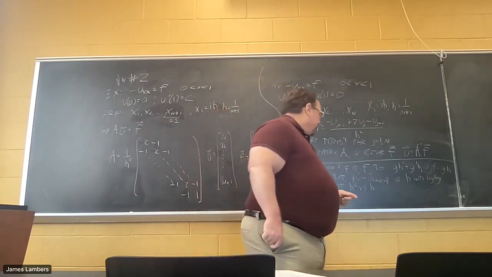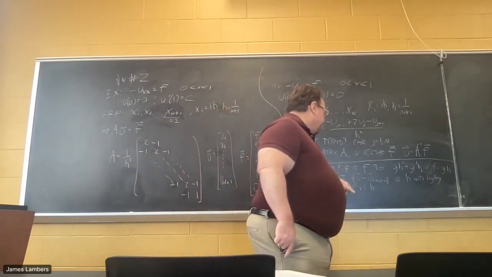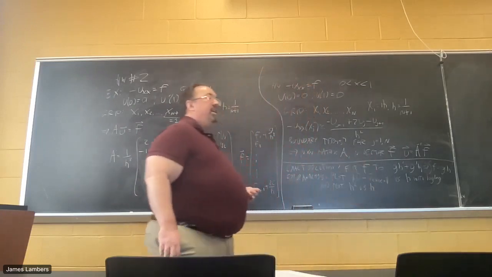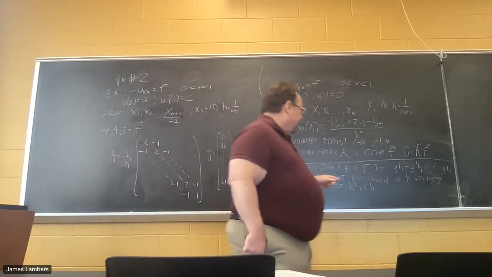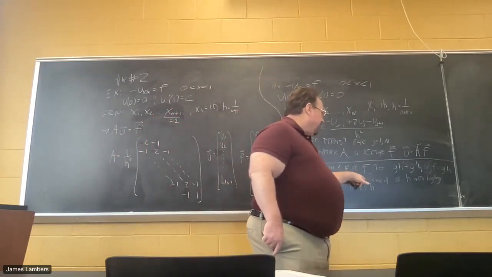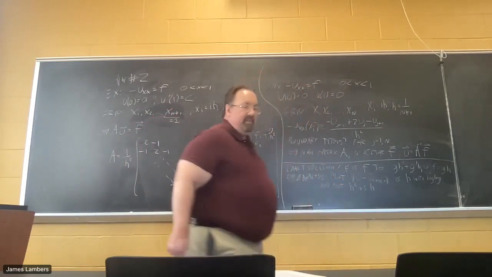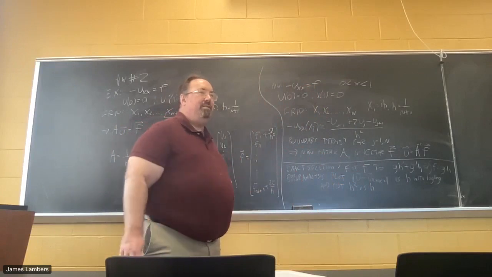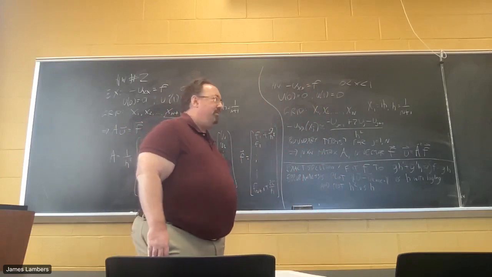So plotting the error versus H squared, you should get 2 parallel lines. That's how you know that your actual order of convergence is equal to the theoretical one. And so if you get that, you're done with that part. First of many.